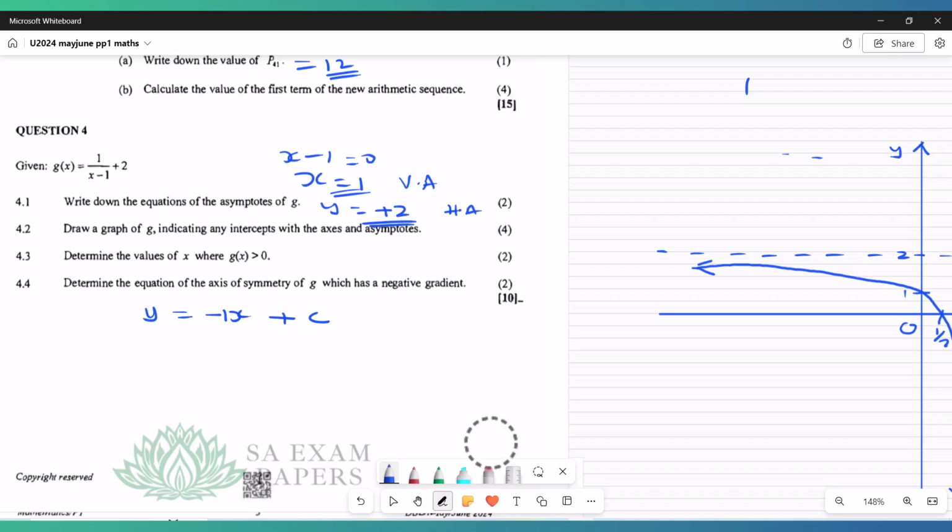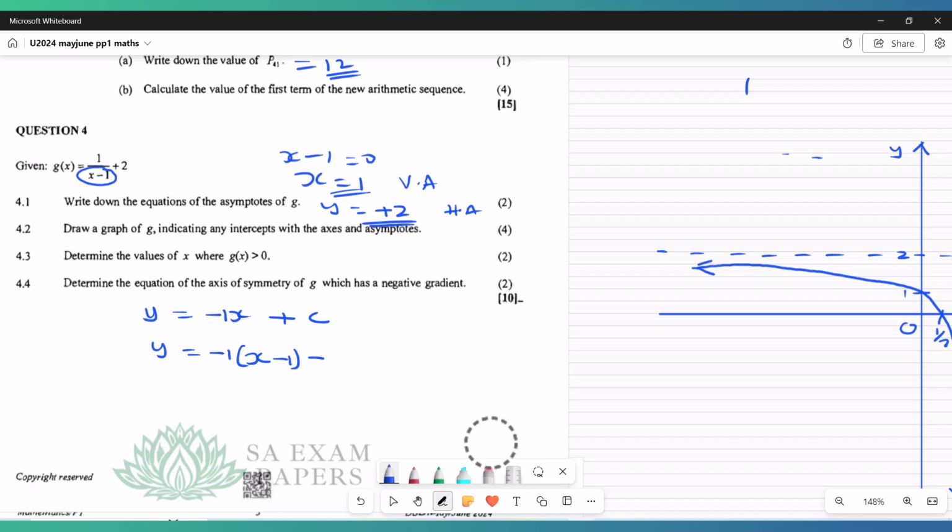Now what you see here as our x, that's what we have in our denominator. That is what we see here as x minus 1. So we're going to say negative 1, open brackets, x minus 1. Then to get our c, we say plus this 2 here.